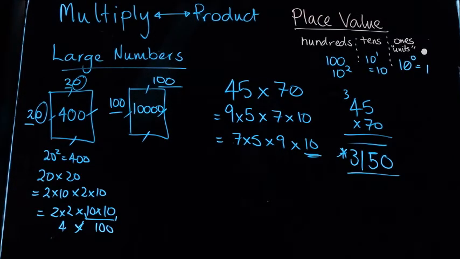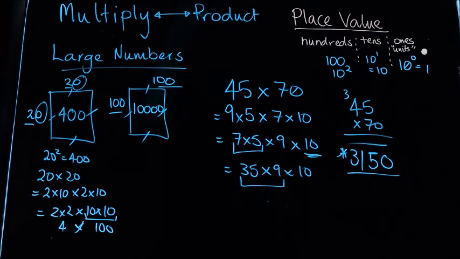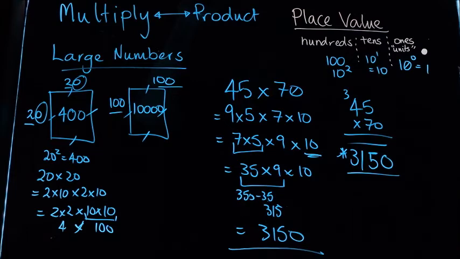So that is equal to 35 times 9 times 10. I'm going to do this bit now, and how I'm thinking about it is 350 take 35, and that's got to be 315, and then times 10. This is where it becomes easy, because I'll just put that 0 on the end of it, and there's my answer. And fortunately we've got the same answer, so I'm guessing that it's right.